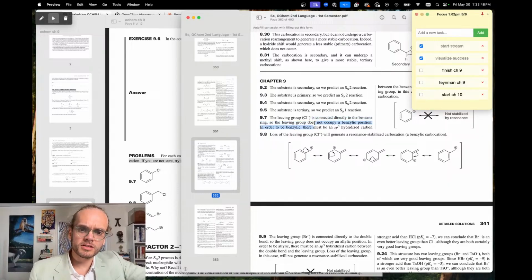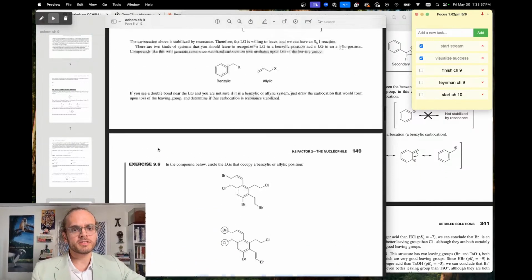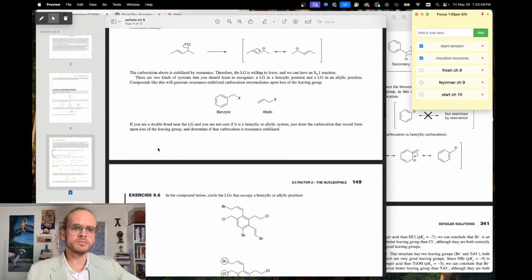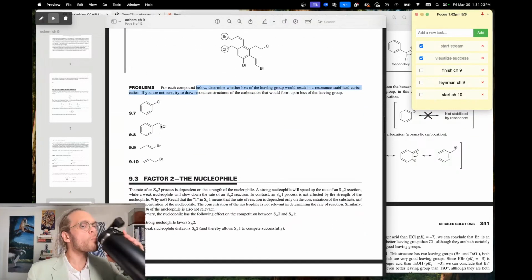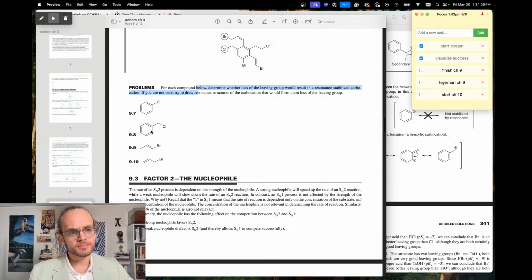I get that. In order to be benzylic, there must be an sp3 hybridized carbon. So it's basically if there's a benzylic or allylic group. This one is. It's benzylic. This one is not. This one is. It's allylic.